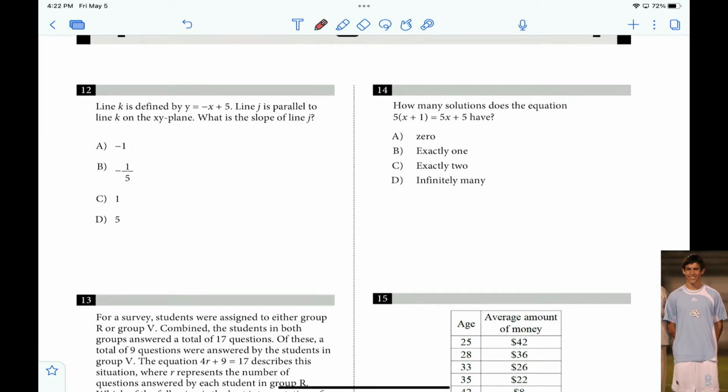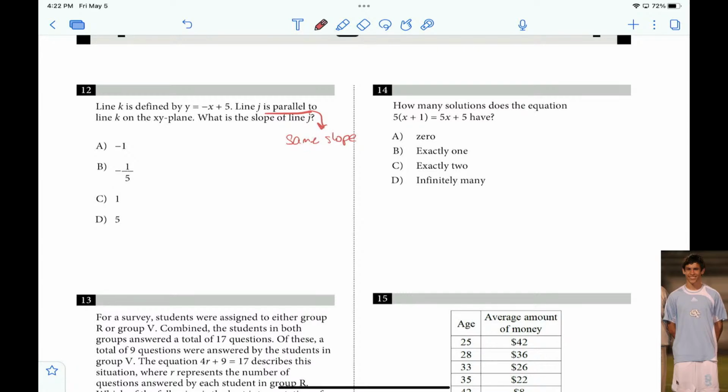All right, so question 12. Line K is defined by y equals negative x plus 5. Line J is parallel. So parallel, we saw perpendicular earlier. Parallel means that they have the same slope. So we have the line y equals negative x plus 5.